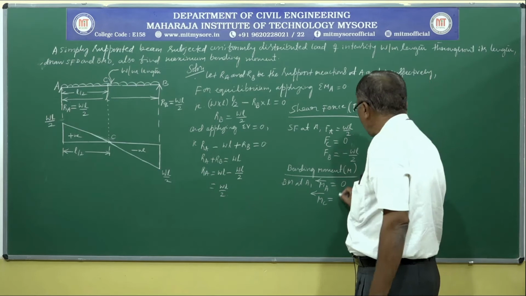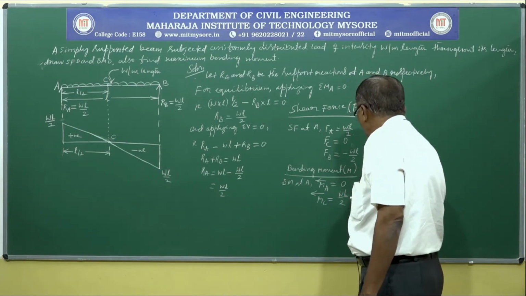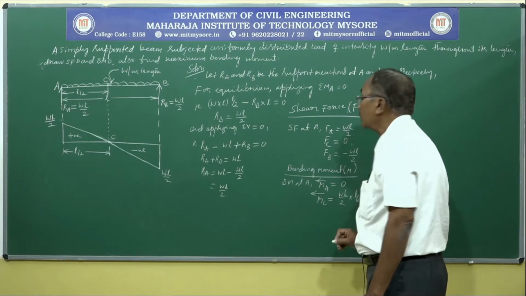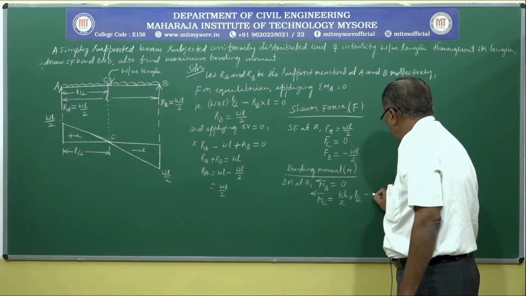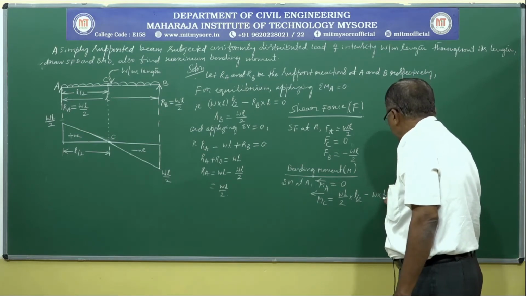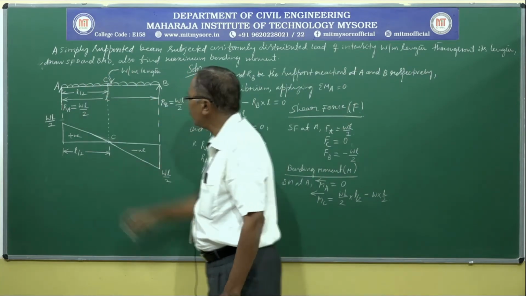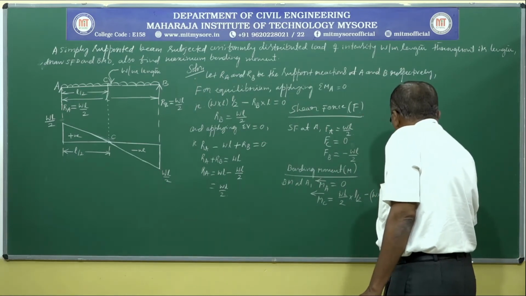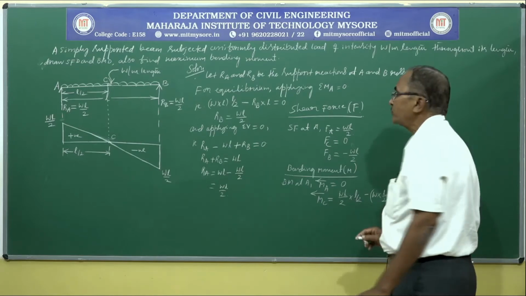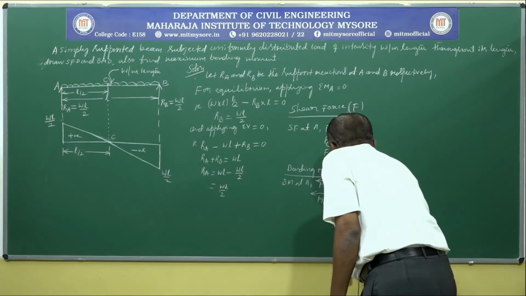MC is equal to, the support reaction will create clockwise moment WL by 2 into L by 2 minus W into L by 2, uniformly distributed load into L by 2, this is point load, into L by 2 by 2. Solving this you will get WL square by 8.